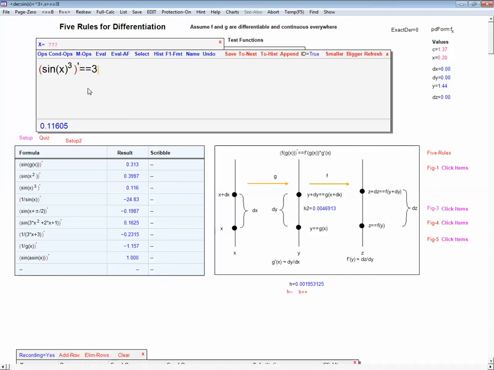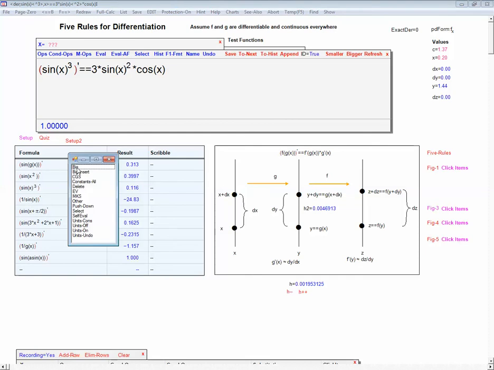We take the exponent and bring it down, put it in front, and then we take the inner function and we lower the exponent to 2, and then finally we take the derivative of the inner function, which is sine in this case. So the derivative of the inner function is cosine of x, and we see our 1. So we're in good shape again.